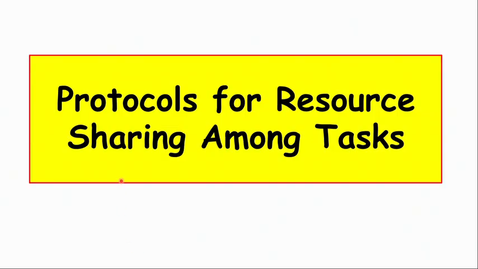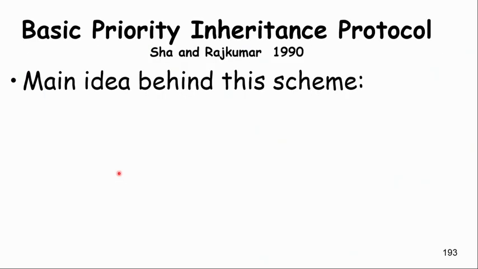The solutions to the unbounded priority inversion are called protocols for resource sharing among tasks. The simplest of these protocols is called the basic priority inheritance protocol. It was proposed by Sha and Rajkumar in 1990.